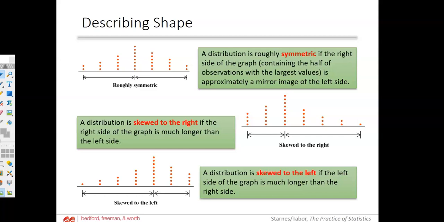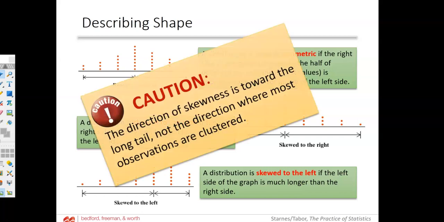Since the left side of the graph is much longer, it's skewed to the left. That's very important. We'll use that terminology all year long. It's the long tail, not the most clustered part. So it's kind of like that, what may be an outlier.